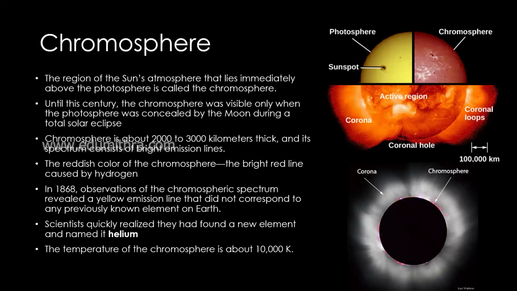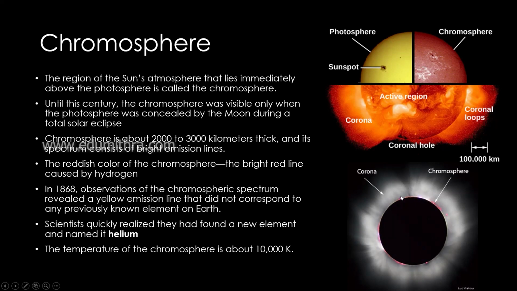We cannot usually see this chromosphere, even with a usual telescope. But during a solar eclipse, when the moon completely blocks the sun, you can see some interesting things.